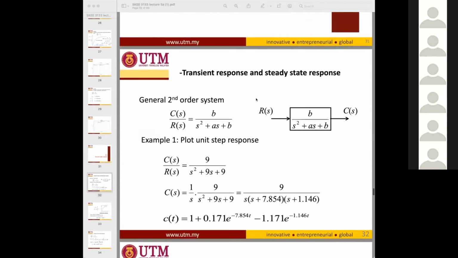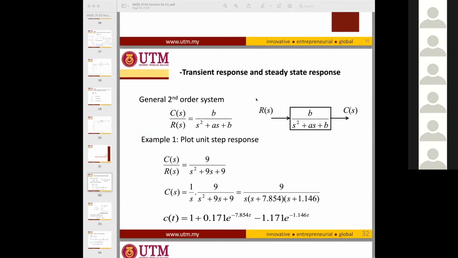Second order system, 4.3. So, we finish first order, now second order. What is the definition of second order system? The system that has two poles. First order, the system that has one pole. Third order, system that has three poles.